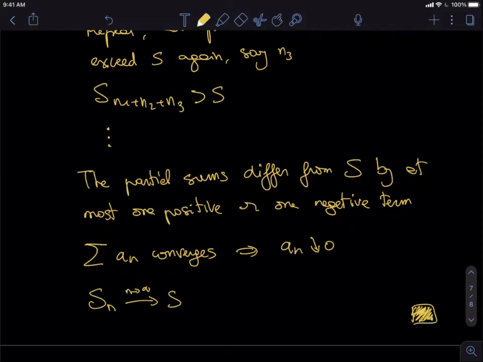Here, something that should be pointed out is that the rearrangement is not unique. The way we did it is one way to do it, but there may be other ways. What we can do is take, for example, positive terms until we reach 100 or 100 billion.